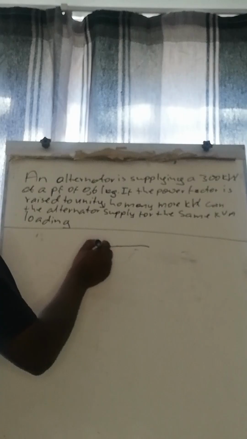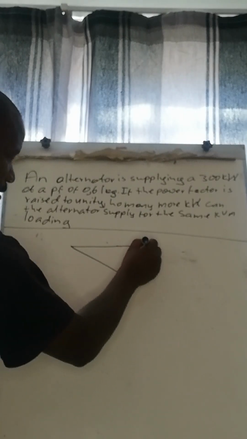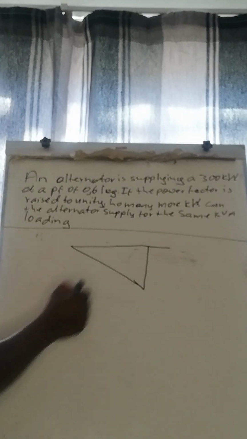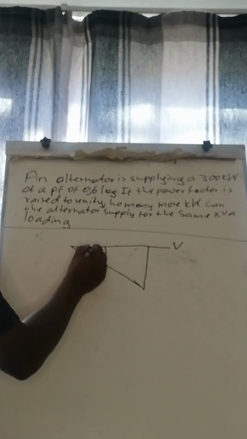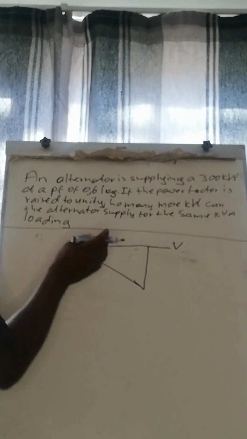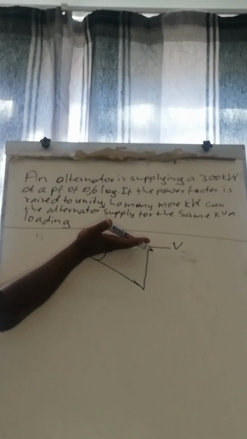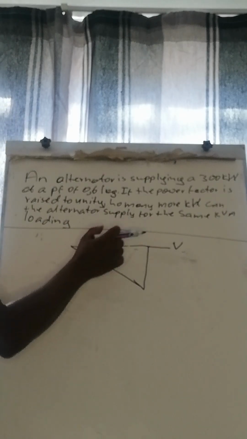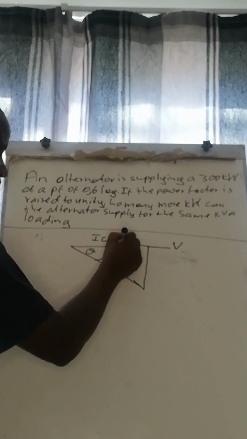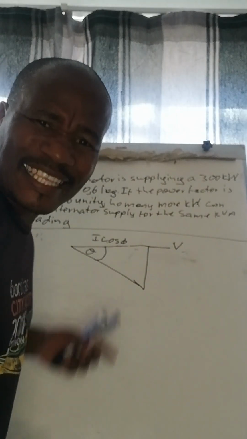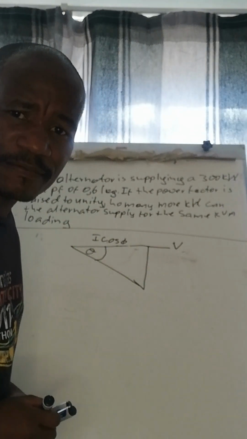If you have, say for instance, this sketch, and you've got a voltage there with an angle of lag here, the component in phase with the voltage, we call it I cos phi, and it is called the active component of current.